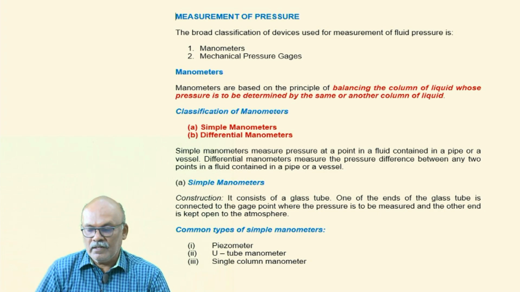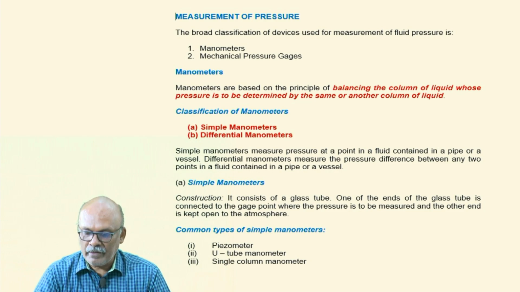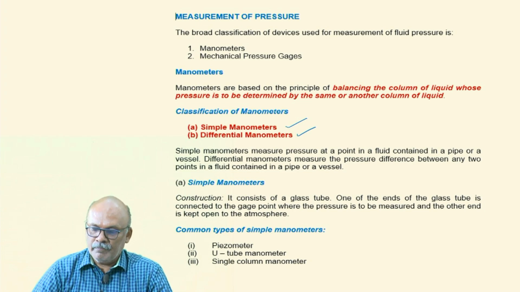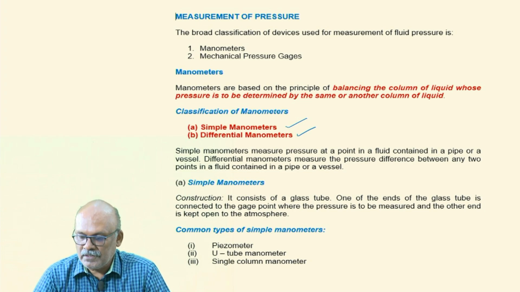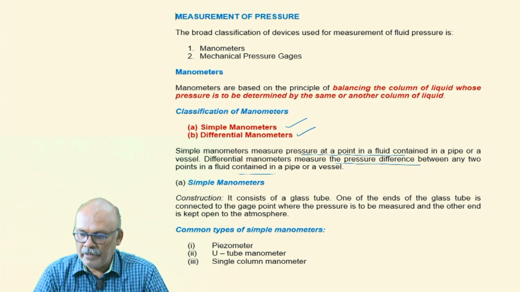Now let us classify the manometers. The manometers can be broadly classified into two categories: simple manometers and differential manometers. Simple manometers are used to measure simply the pressure at a point in a fluid contained in a pipe or a vessel. Whereas differential manometers measure the pressure difference between any 2 points in a fluid contained in a pipe or a vessel.